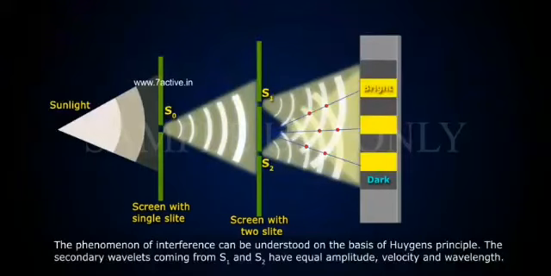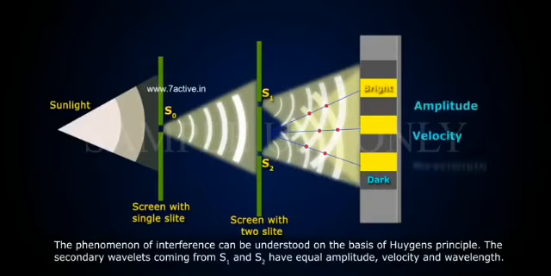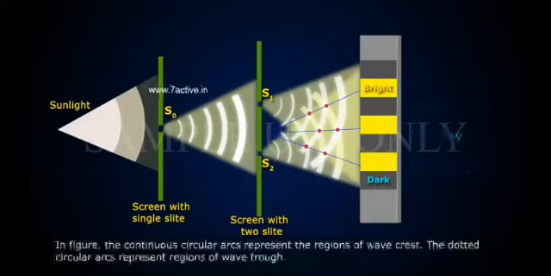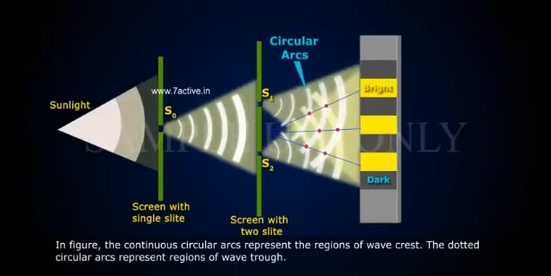The phenomenon of interference can be understood on the basis of Huygens' principle. The secondary wavelets coming from S1 and S2 have equal amplitude, velocity, and wavelength. In the figure, the continuous circular arcs represent the regions of wave crest.